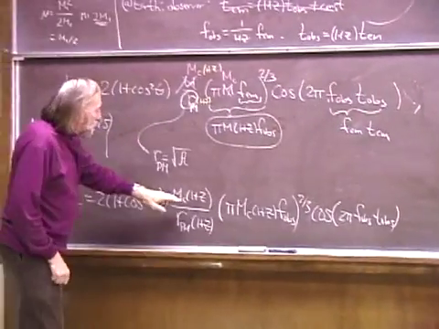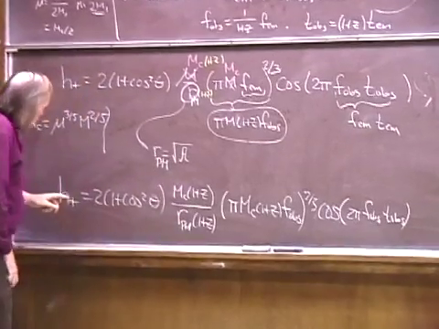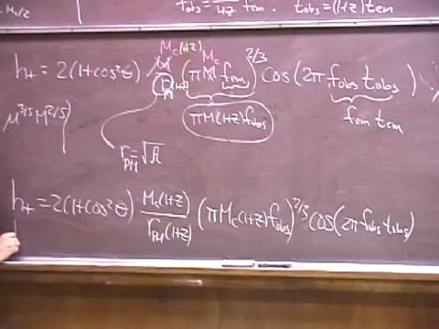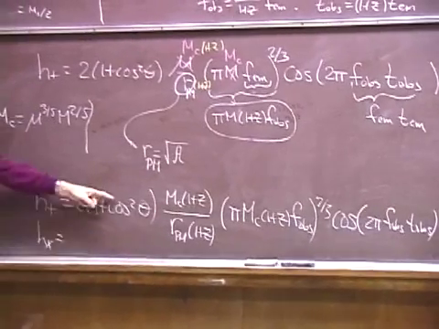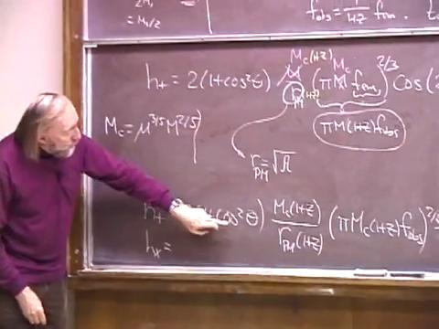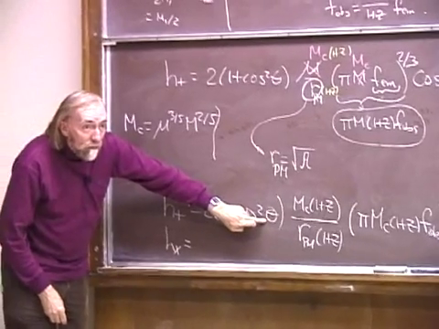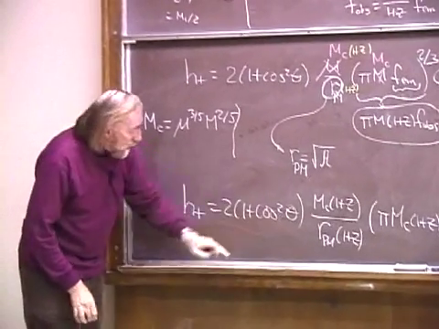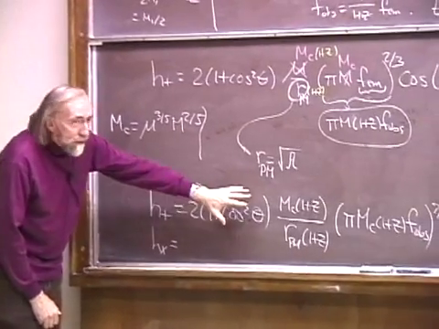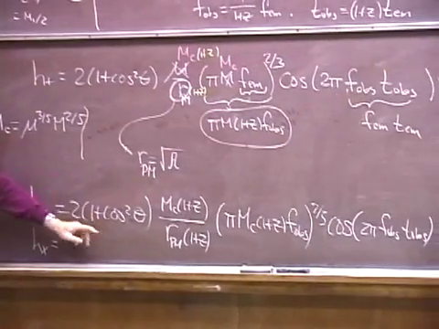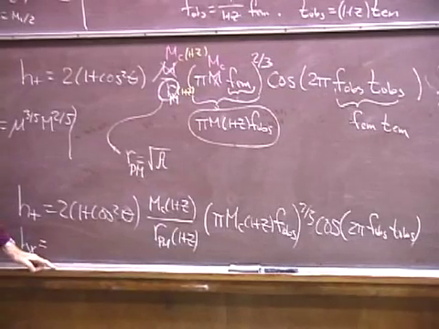And then knowing chirp mass times 1 plus z, knowing h plus and h cross, which depends in a different way on the inclination angle, their ratio will give you the inclination angle. So you get the inclination angle from the ratio of h plus to h cross. Everything else is the same in the two in terms of amplitude. So that gives you the inclination angle.